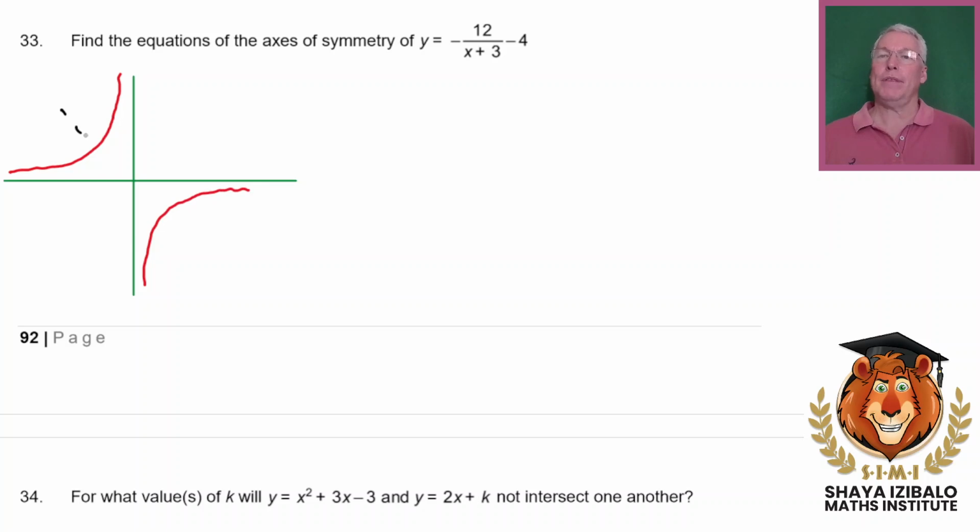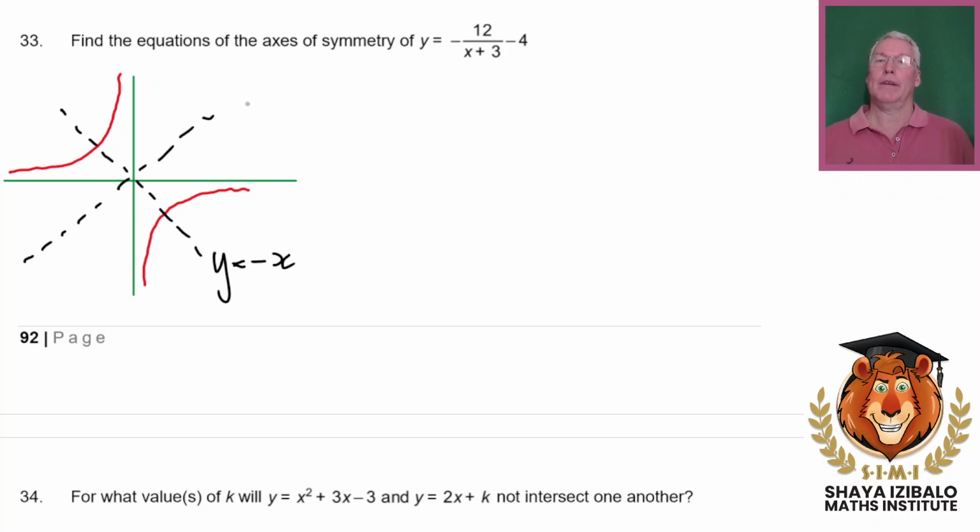This one over here, which has a downhill, negative gradient, is y equals minus x. And this one over here, going uphill, is y equals x. The important thing is that they have gradients of 1 and minus 1, and that they always pass through the point at which the asymptotes intersect.